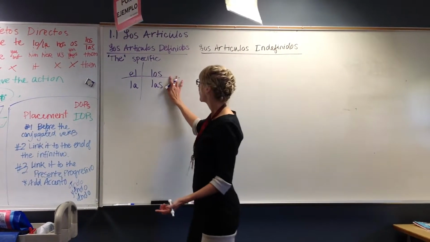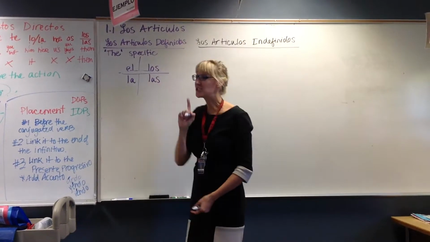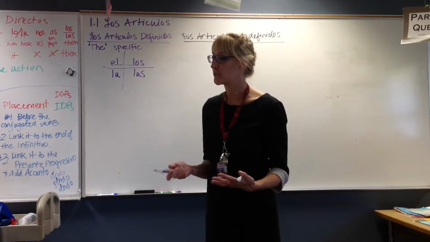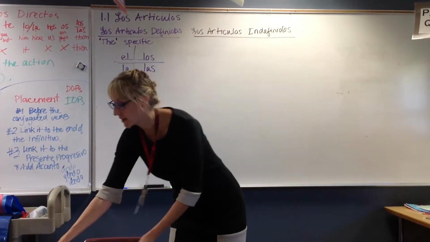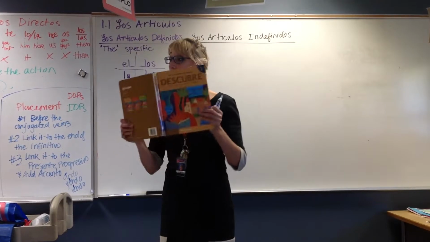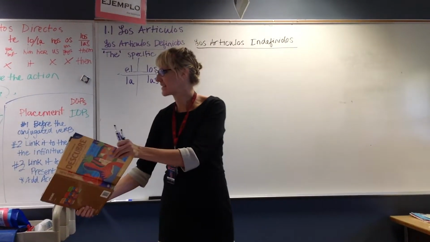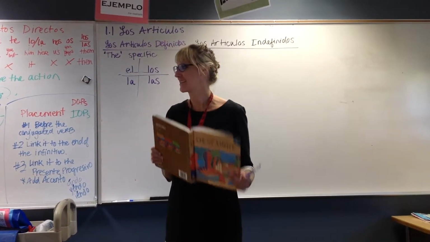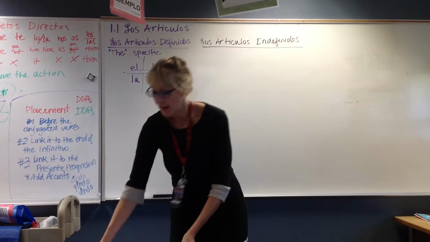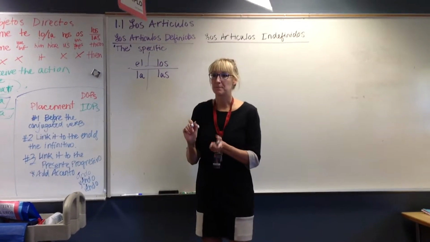We are separating these based on gender, but it's the gender of the word. In Spanish, all nouns have a gender. The book is el libro. It is masculine. It will always be el libro, whether I have the book or he has the book. It doesn't matter whether a girl or boy has the book. The book is a masculine word. Okay? So, we have el and los are both what?